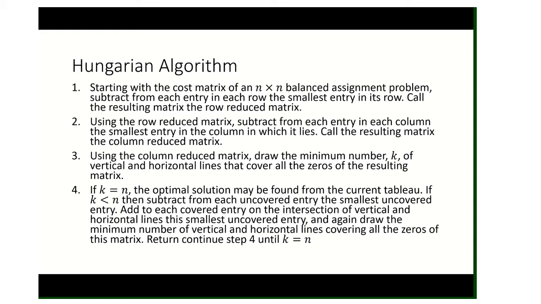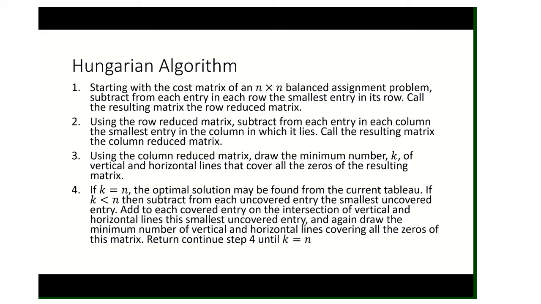Now, here's the part that's a little bit tricky sometimes. With your column reduced matrix, draw the minimum number of vertical and horizontal lines that cover all the zeros of the resulting matrix. If you used n lines where it's an n by n matrix, then you have a solution.